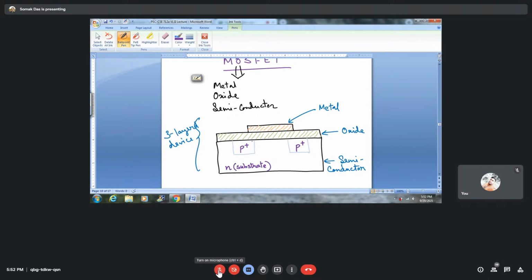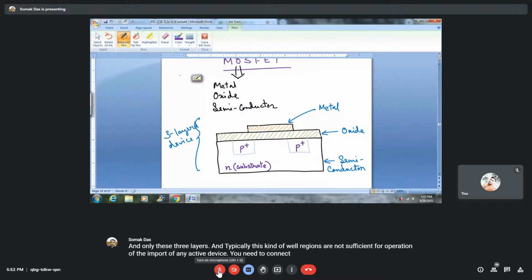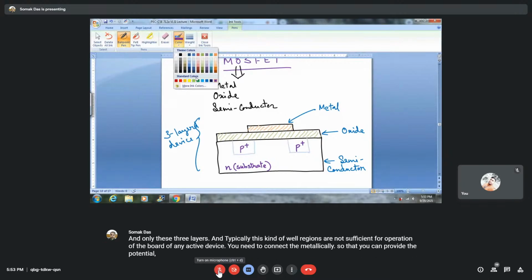And only these three layers, and typically these kind of well regions are not sufficient for operation of any active device. You need to connect the metallic lead so that you can provide the potential. So you need to connect metal lead.